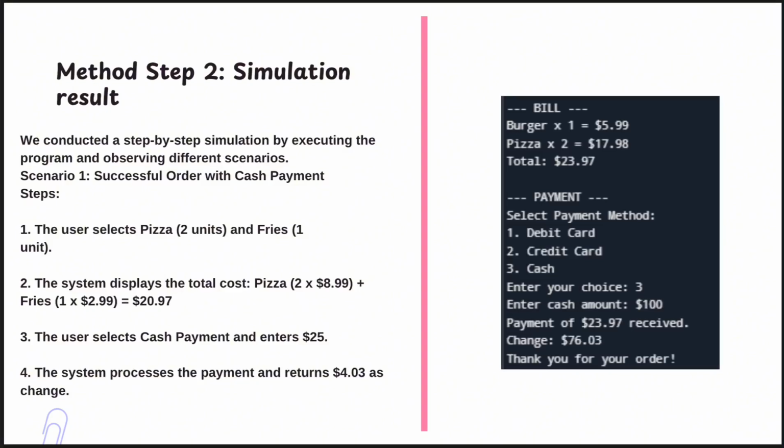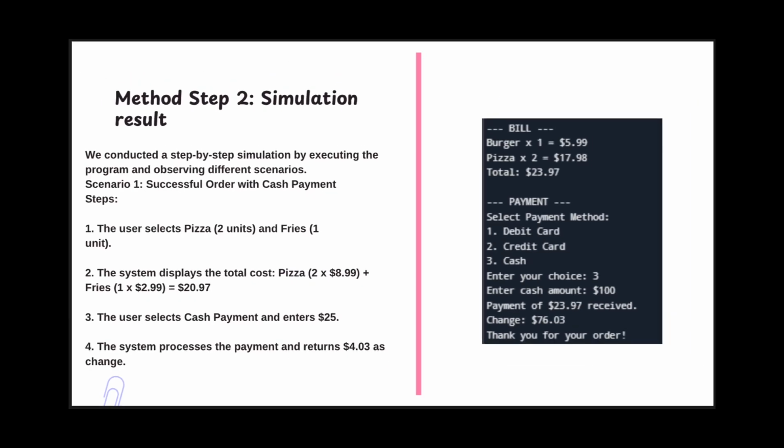The system displays the total cost: pizza 2 times 8.99 plus fries, and the total is $20.97. And number 3, the user selects cash payment and enters the value $25. And last, the system processes the payment and returns the change.